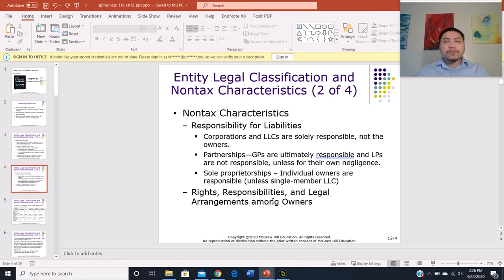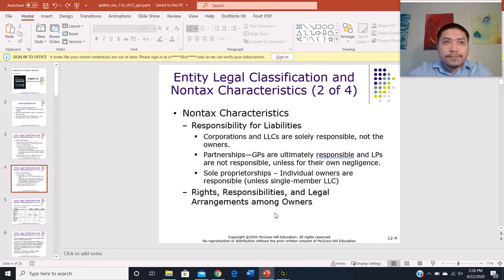How can the business owners have a say, how can the business owners run the business, right? It is different for each type of entity, so for example, for a corporation, for a C corporation actually, especially, right?